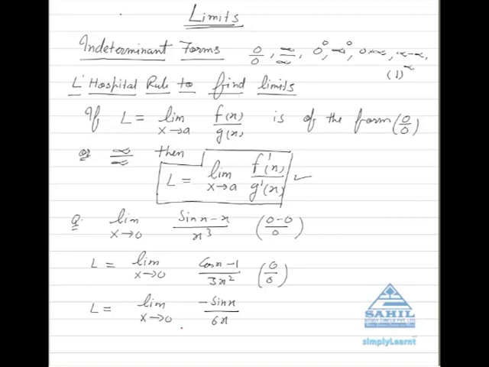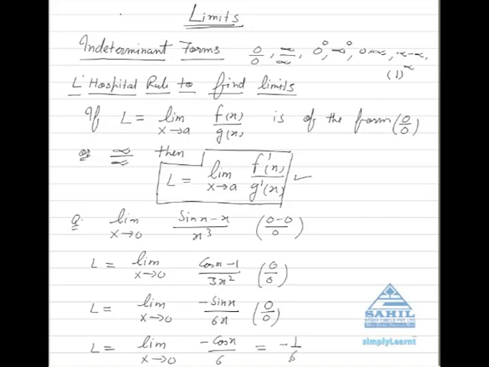If I apply the limit, the third time again it comes out to be 0 by 0 form. So again I can apply the L'Hospital rule, and this will be limit x tending towards 0 of minus cos x upon 6. If I apply the limit now, my answer will be minus 1 by 6.